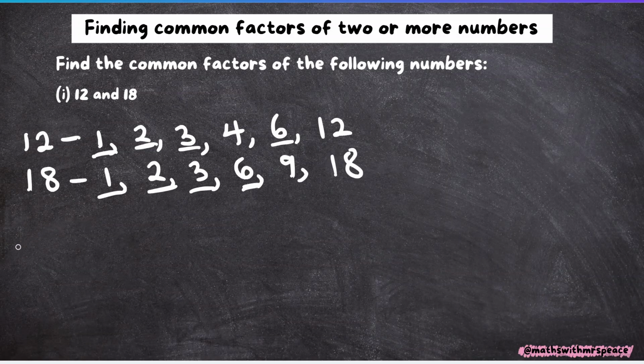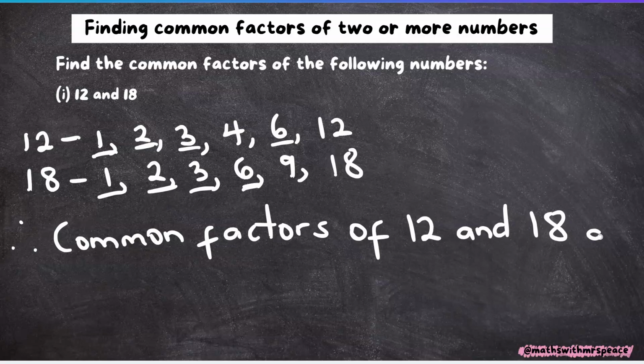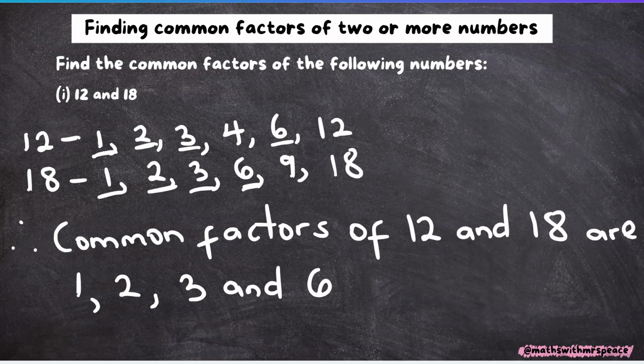I will conclude by saying, so therefore, common factors of 12 and 18 are 1, 2, 3, and 6. And there you have it.